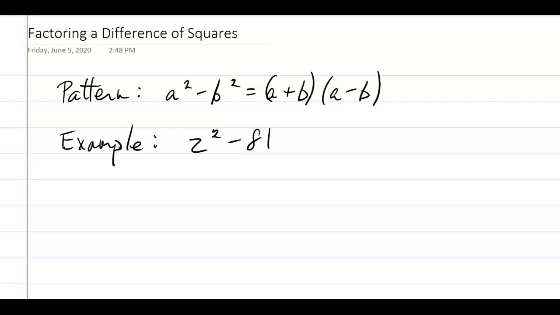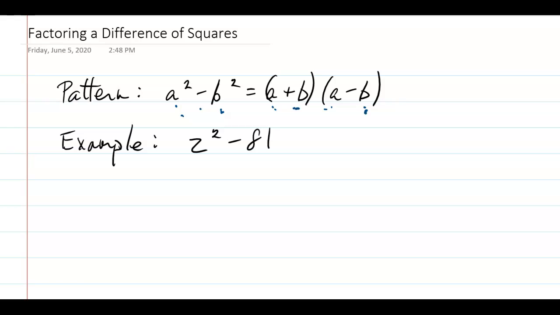Last but not least is the difference of squares pattern. This is a fun factoring pattern. It's easier than the factoring by grouping. It's easier than perfect square trinomials. This time, the pattern is if we see a square minus a square, it breaks up into a plus b, a minus b. So a squared minus b squared is a plus b times a minus b.